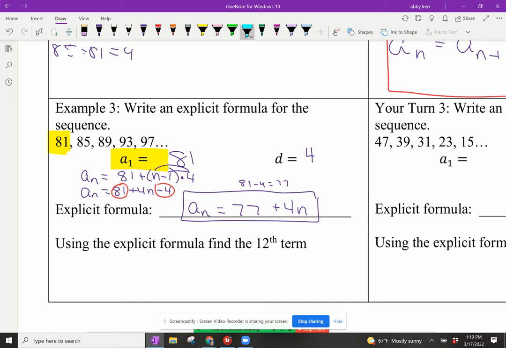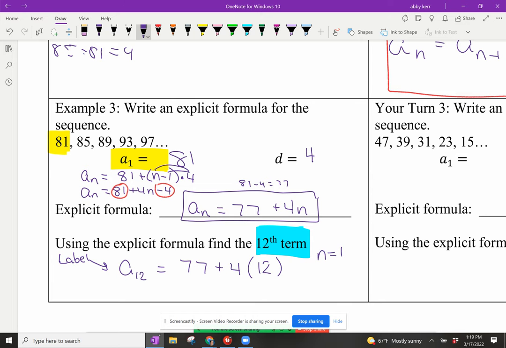Now, it tells us in our problem to find the 12th term. So a sub 12, this is just labeling, okay? You don't have to do anything with it. You're just telling the reader that you're looking for the 12th term. So now we're going to do 77 plus 4, and instead of n, we're doing the 12.